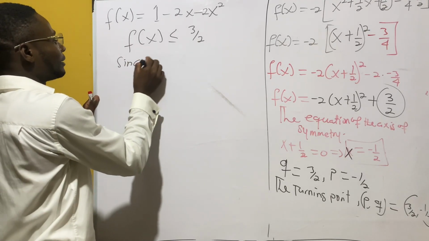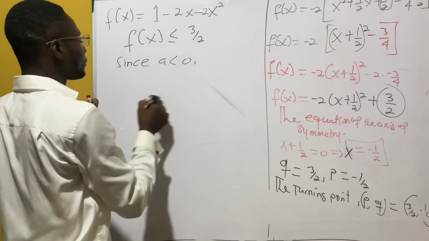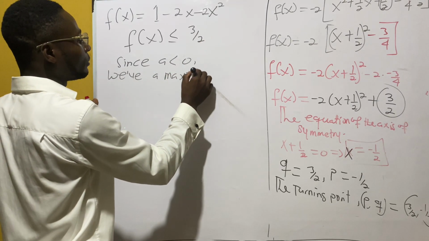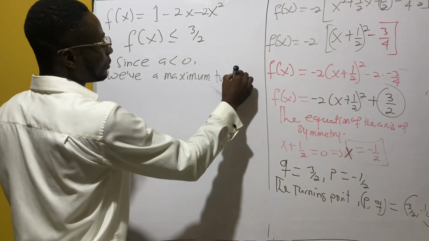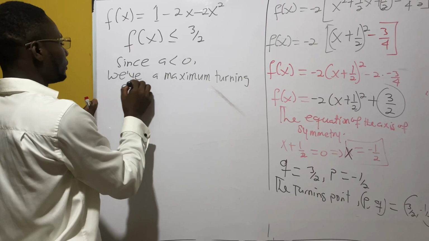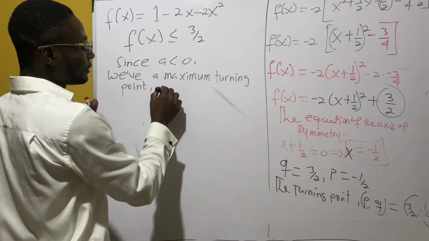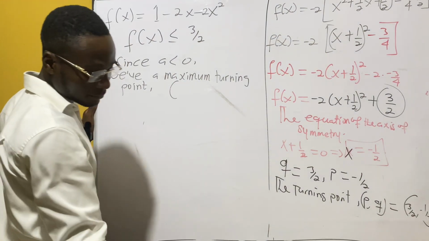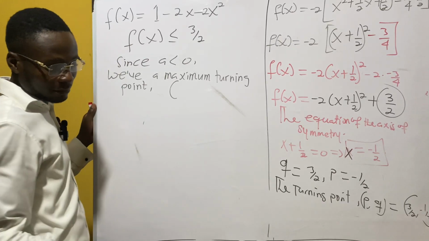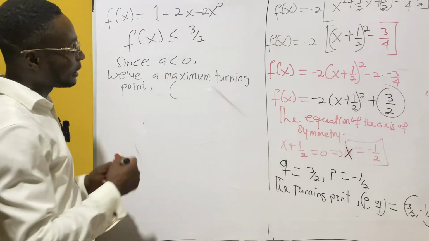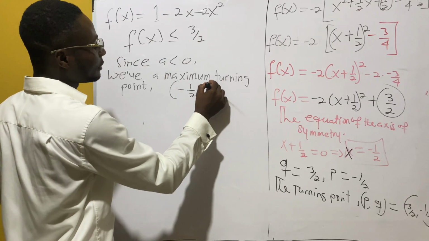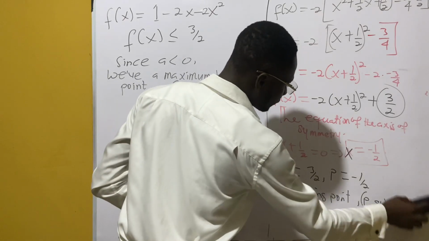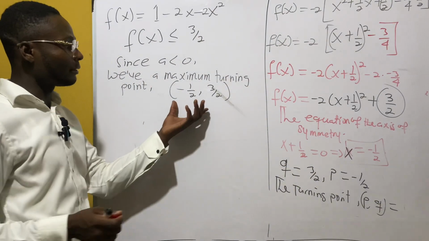So since our A is less than 0, we have a maximum turning point, and that is minus half and 3 on 2. Right, so we have our maximum turning point.